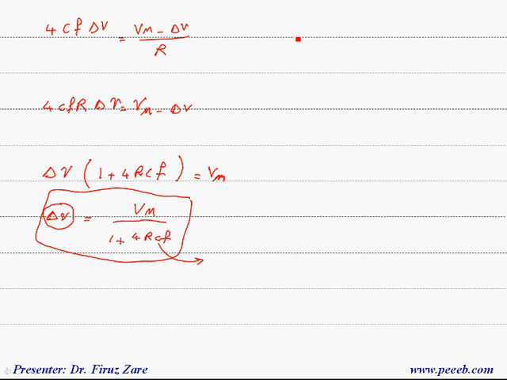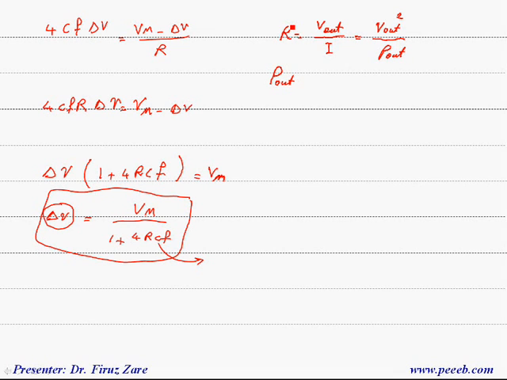So for this example we can find the capacitance value in terms of these parameters. For example, we can find R, which is basically output voltage divided by current, and if we have power, we can find it based on this equation: output voltage squared divided by power.